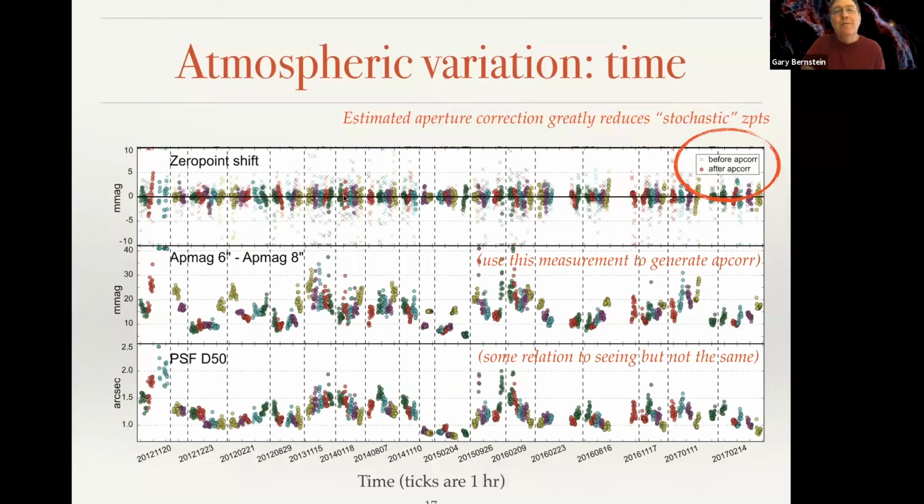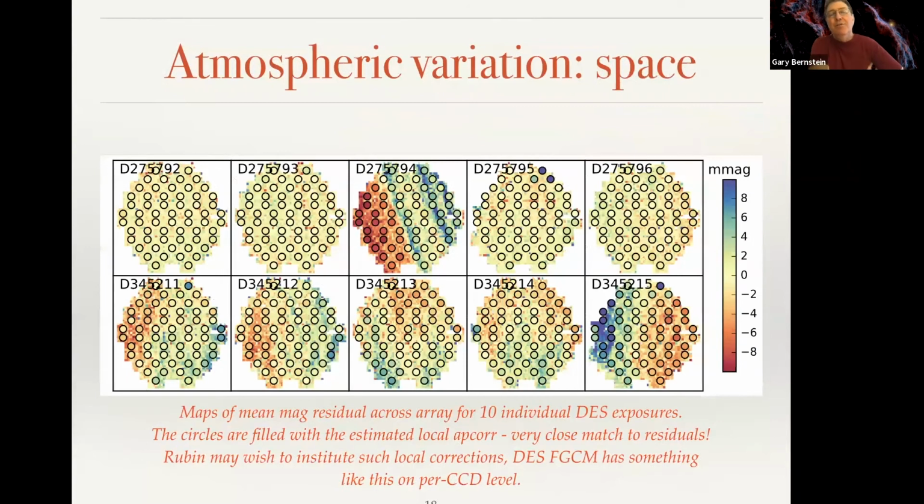So you can regress the x's against these things, and using this outer annulus, you can recalibrate the aperture corrections on the fly and reduce the exposure-to-exposure residuals to the solid dots here, getting the stochastic part on a clear night down to a couple of millimags RMS.